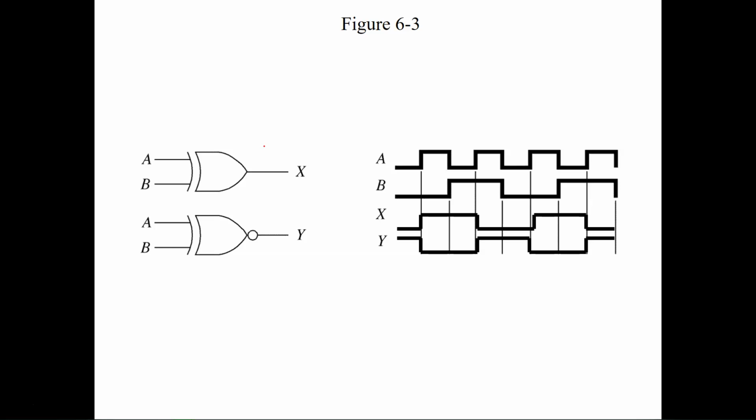So for signals A and B, if I use it as an OR gate, then anytime I've got a high, I get an output. So these are two lows, and it makes a low.